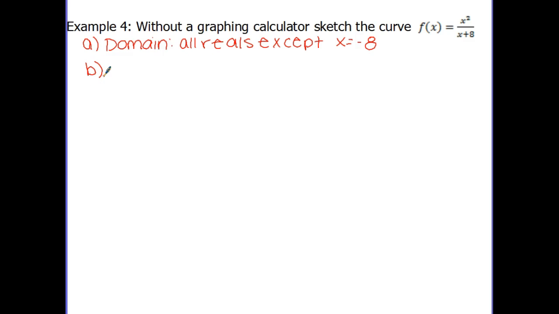Can I ask you for the intercepts after that? What's an easy thing to find are always our intercepts. That's when x equals 0 and y equals 0. So when x equals 0, what is y?